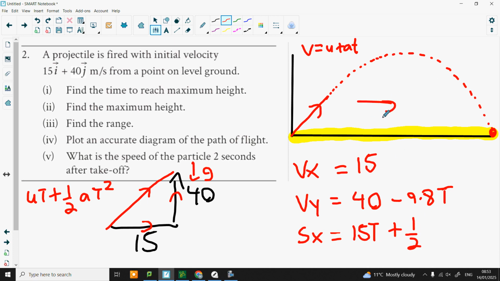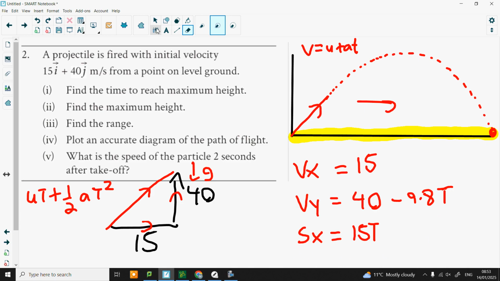What's your acceleration in the x direction? Is there any? Gravity only acts directly down, so there is no acceleration. Therefore the answer is quite literally 15t, because distance equals speed multiplied by time when there's no acceleration involved. Okay with that?